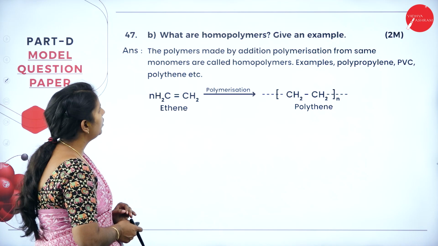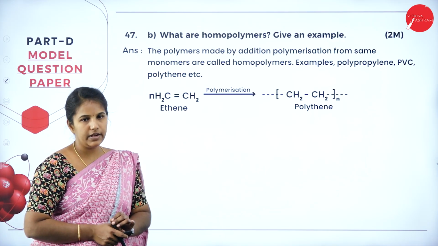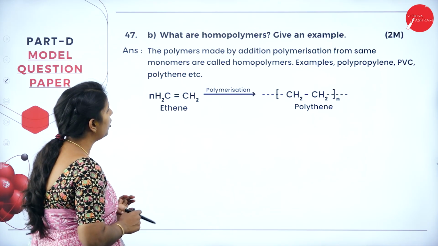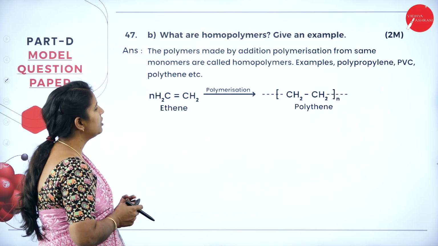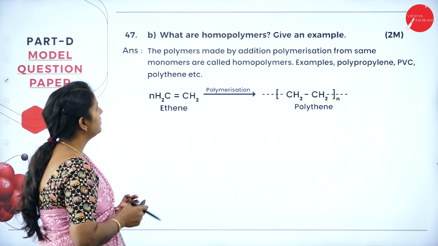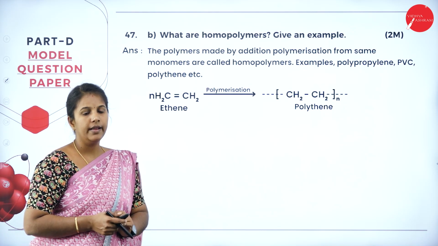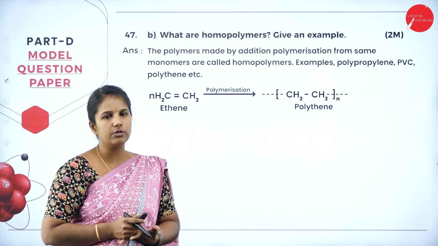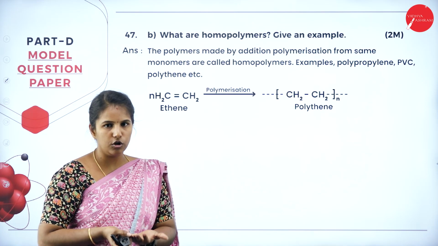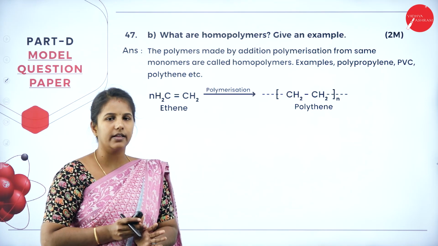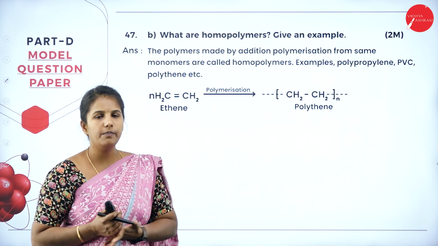Next question. What are homopolymers? Give an example. The polymers which are made by addition polymerization from the same monomers are said to be what? Homopolymerization. If you take the same monomer and continuously add them, it will become what? Homopolymerization.